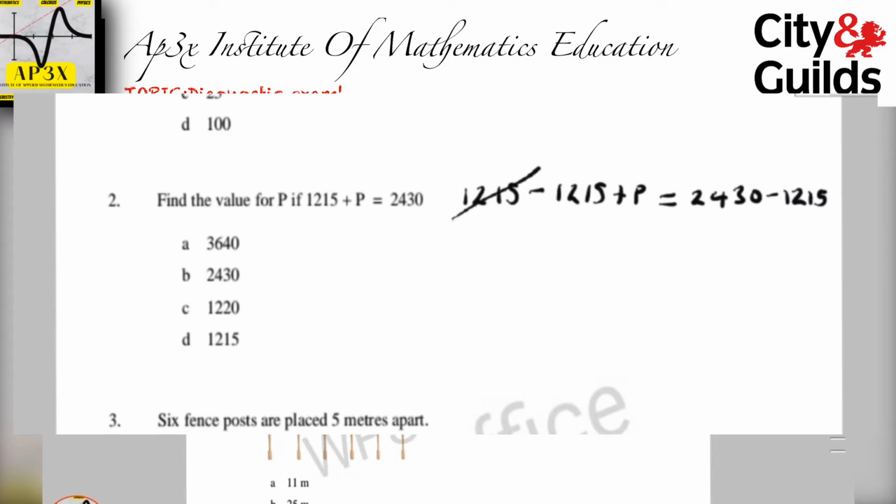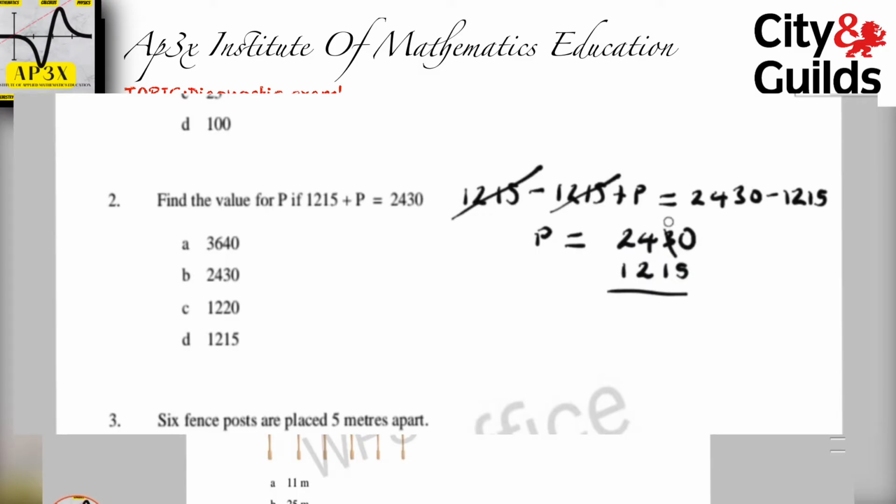So 1215 cancels 1215, and we end up with P here being equal to, now we don't have a calculator, so we've got to go back to the archaic days of doing math. So we're going to have to take 5 from 0.